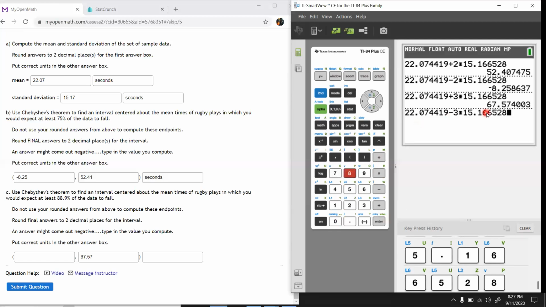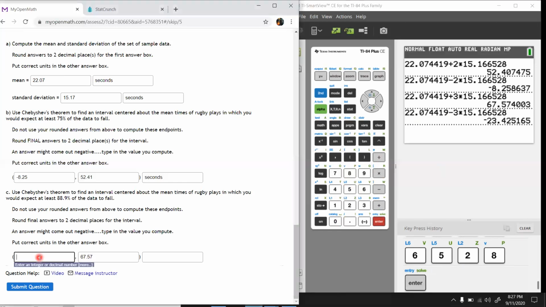This will give me the lower limit, and the lower limit is negative, so it will be negative 23 point, and make sure you round to 2 decimal places, and that will be 43. You have to be very careful with rounding because otherwise you will not get credit and will have to do it again, and it is frustrating. So just pay attention. So the unit of measure will be seconds, and we are done.